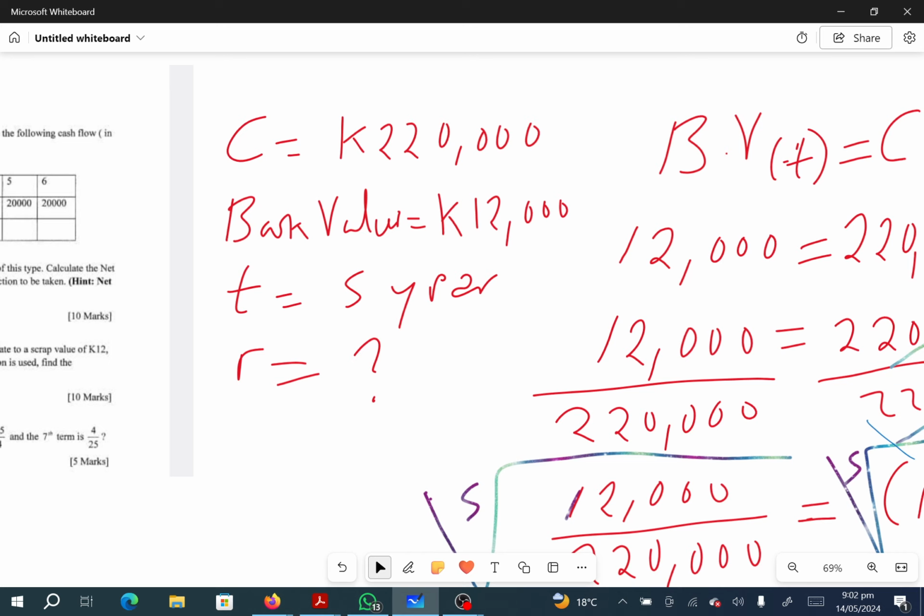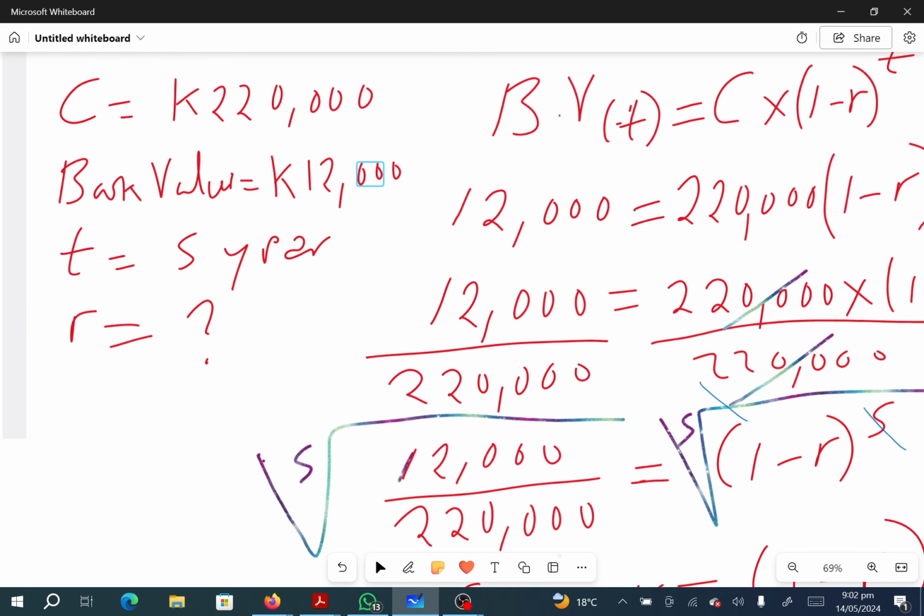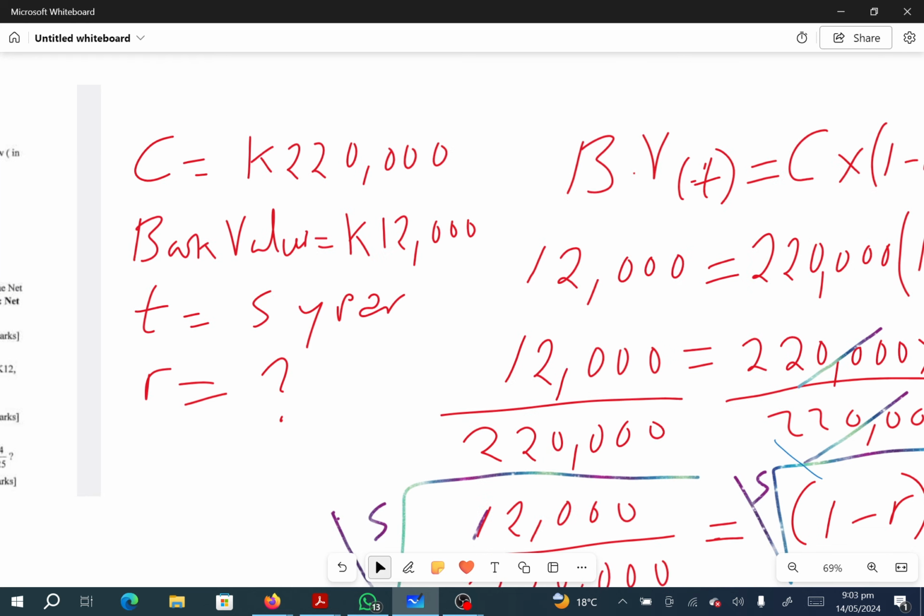That's why in a space of 5 years the value of this asset had to reduce to 12,000. So this is quite justifiable. The answer we have found, 44%, is very much justifiable, looking at the data we have here.